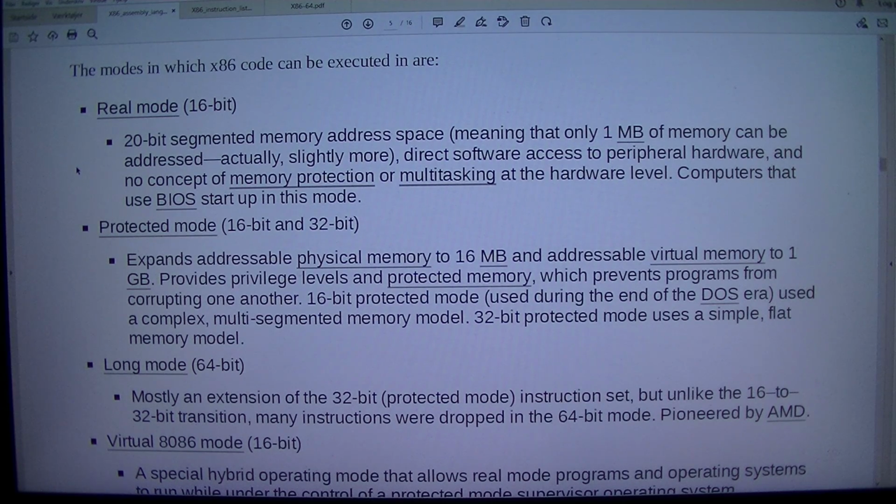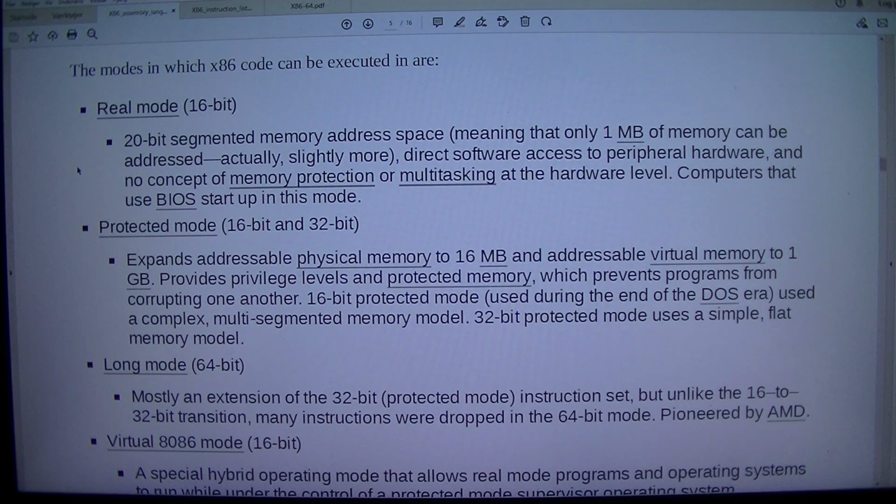16-bit protected mode, used during the end of the DOS era, used a complex, multi-segmented memory model. 32-bit protected mode uses a simple, flat memory model. Long mode, 64-bit, is mostly an extension of the 32-bit protected mode instruction set.